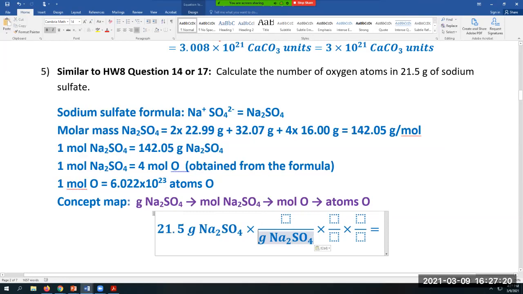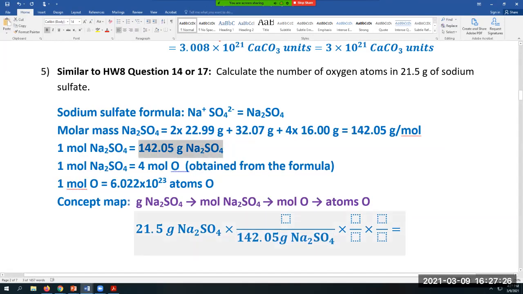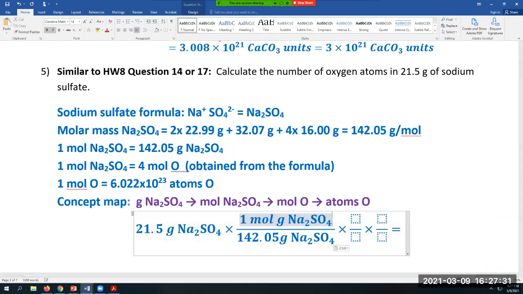And the number that comes with the gram is 142.05, right? It's this. And that's for 1 mole. So 1 mole of Na2SO4 goes on top. So this way we can cancel the grams of Na2SO4.